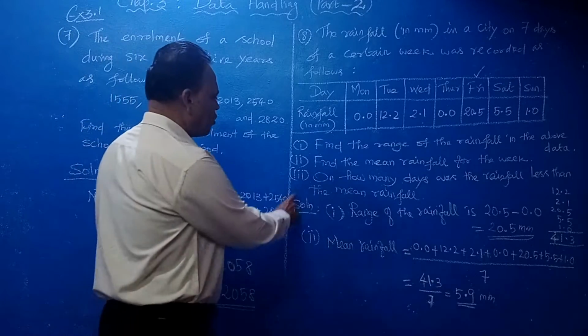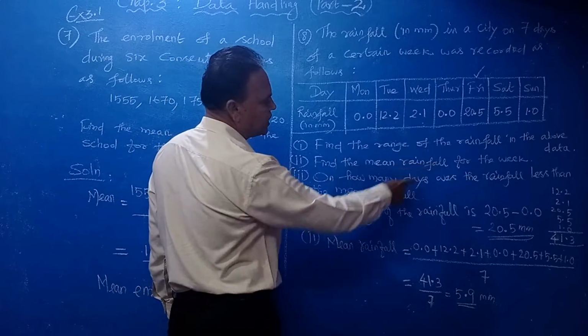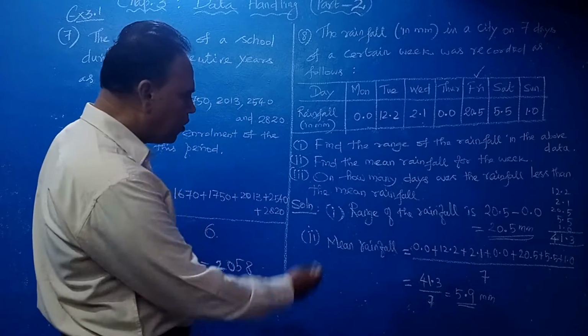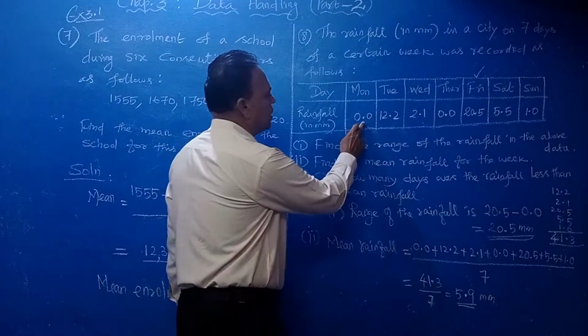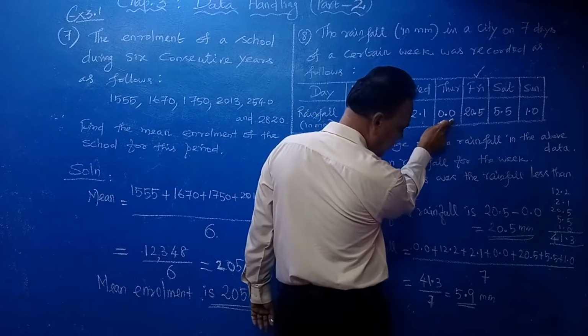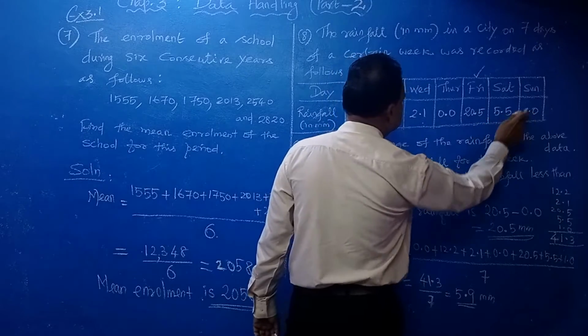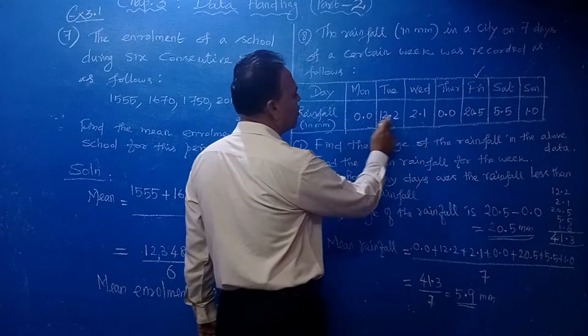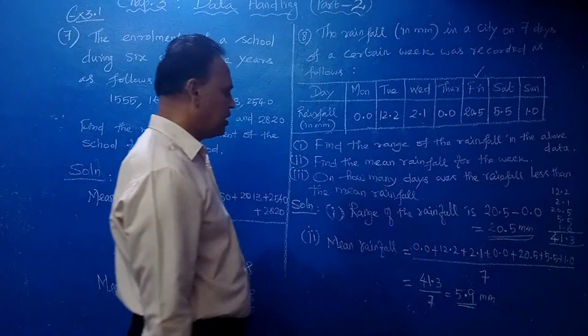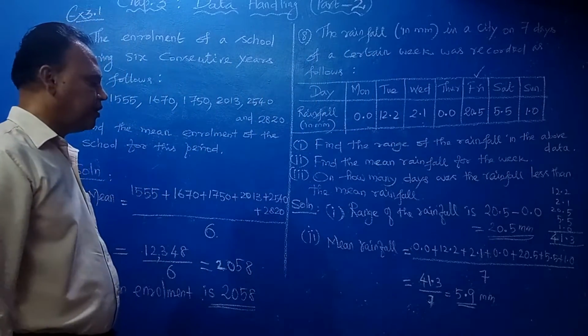So from this, now third problem is: on how many days was the rainfall less than mean rainfall? Below 5.9, how many? Here 1 day, here 1 day, here 1 day, here, then here, here. That means 1, 2, 3, 4, 5 days. 5 days were below 5.9 millimeter.